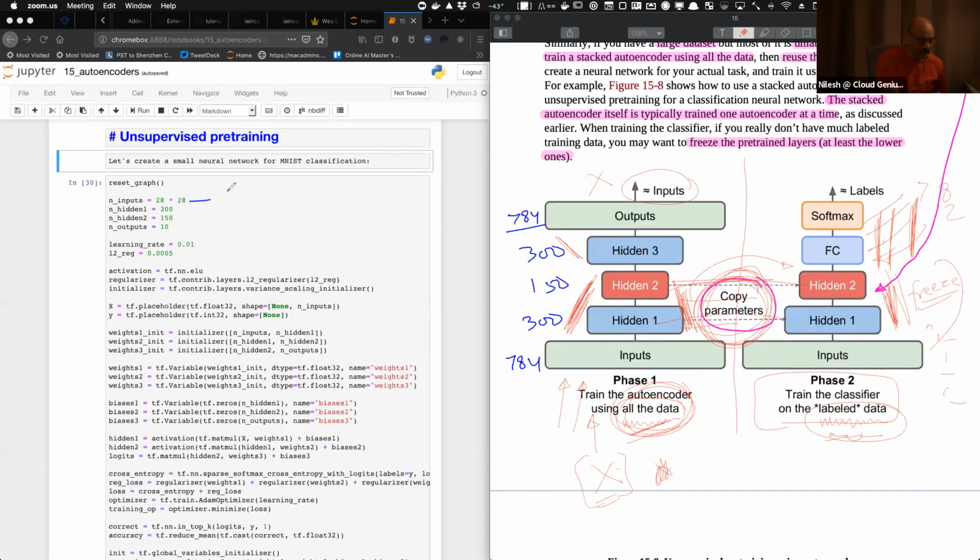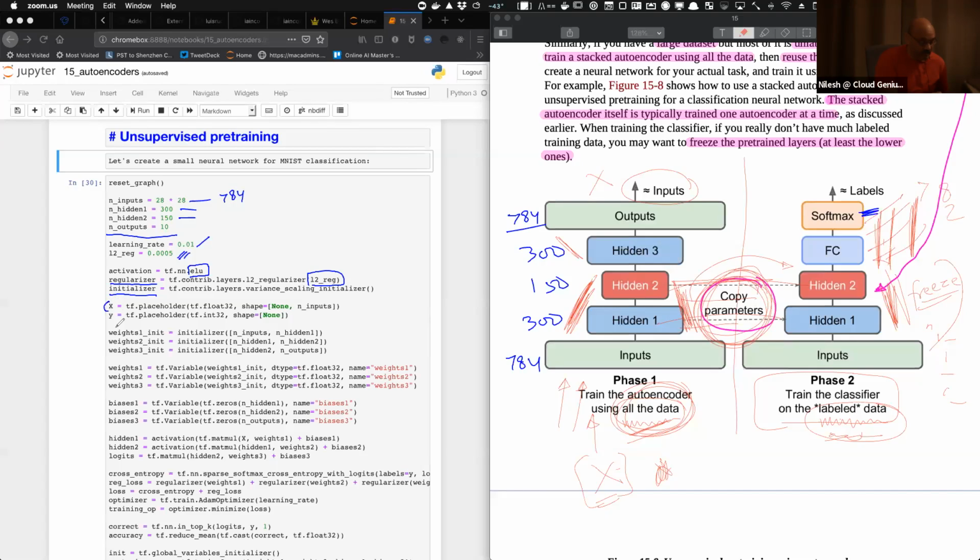That's this idea here, 784, 300, 150. Number of outputs is 10 at the final result, which is here. Learning rate, L2 regularization, activation function ELU, L2 regularization as our regularizer, our initializer.